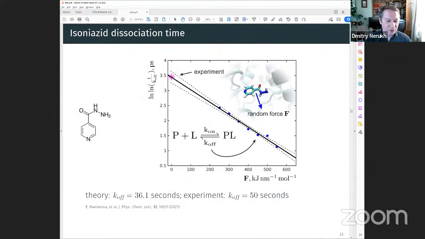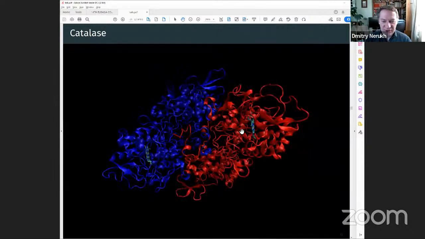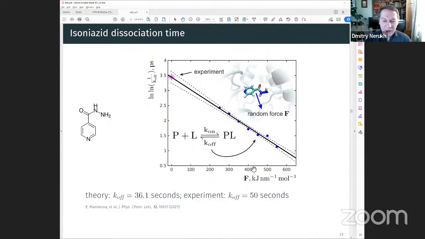That's a small molecule like this, and it's known to target catalase, one of the functionally critical proteins in the bacteria. So what we have done is we simulated the process of dissociation of this antibiotic isoniazid from the catalase. So these are the active sites, and after several seconds, the antibiotic diffuses out of the catalase.